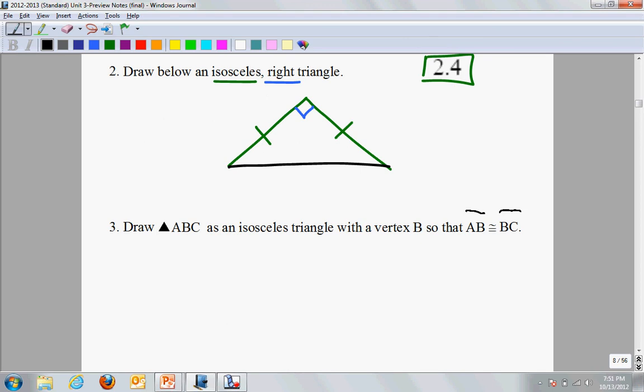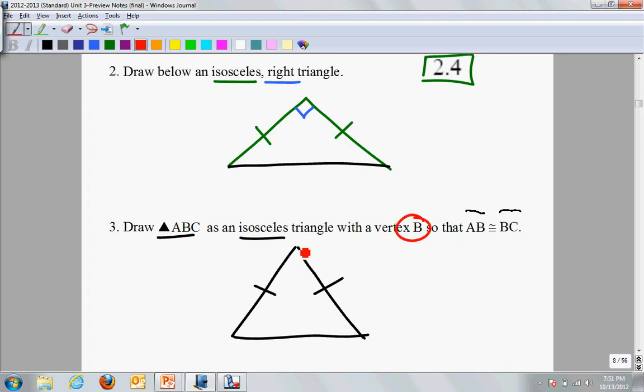Last one says draw triangle ABC as an isosceles triangle with vertex B so that AB and BC are congruent. So we're going to draw ABC and it's isosceles. So let's start with that. Isosceles means two equal sides.